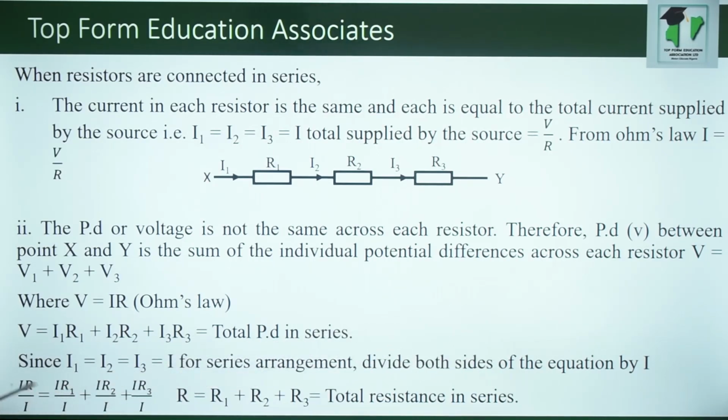So I have IR over I is equal to IR1. IR itself is telling you that V from Ohm's law is equal to IR.